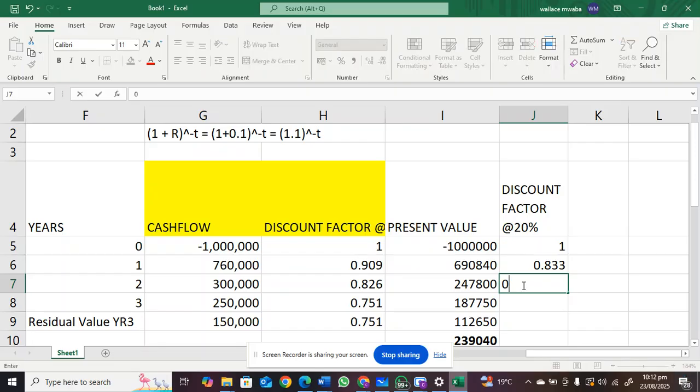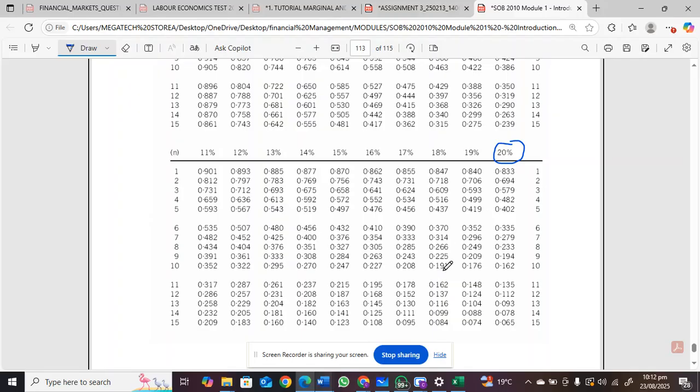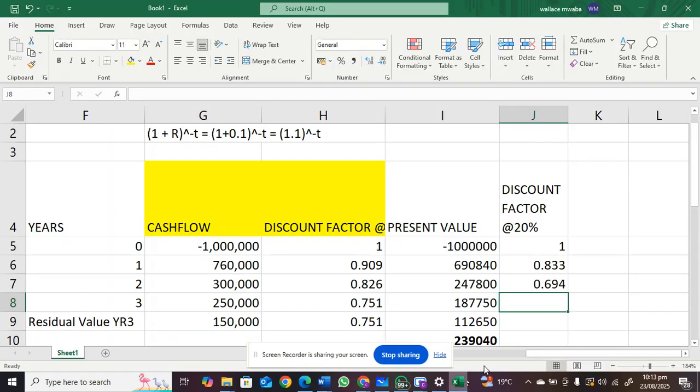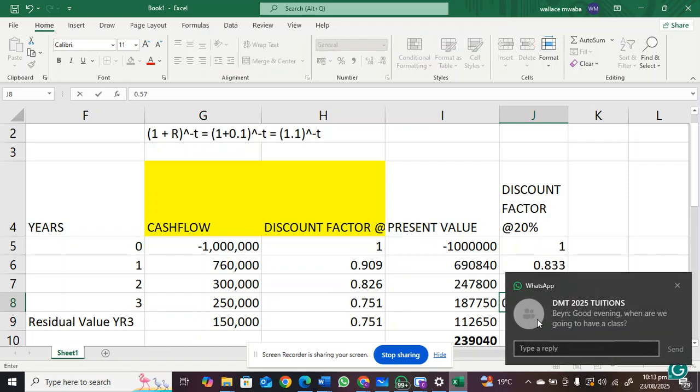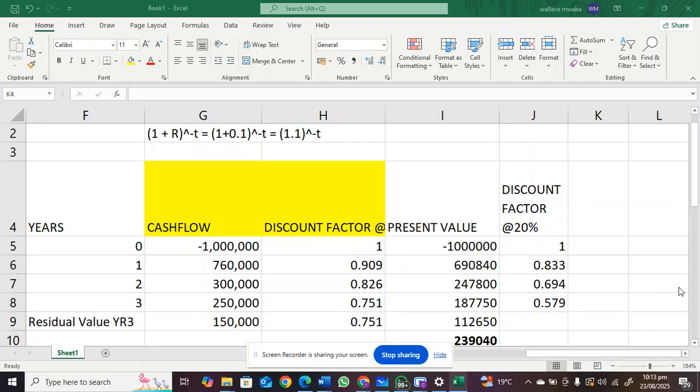In year 2, 0.694. In year 3, 0.579. All of these values I'm getting from the table.